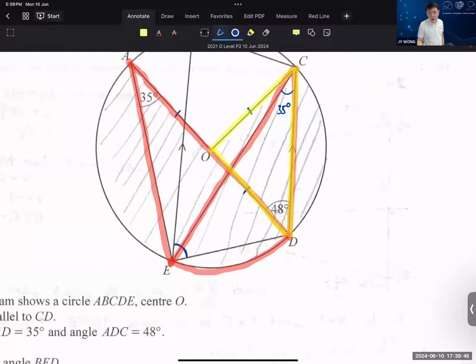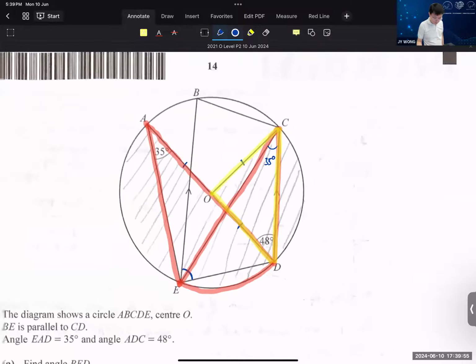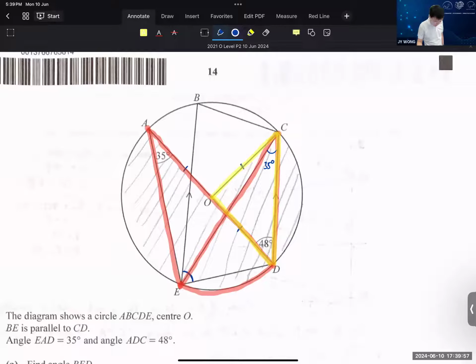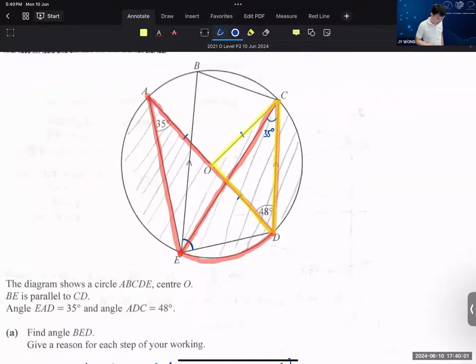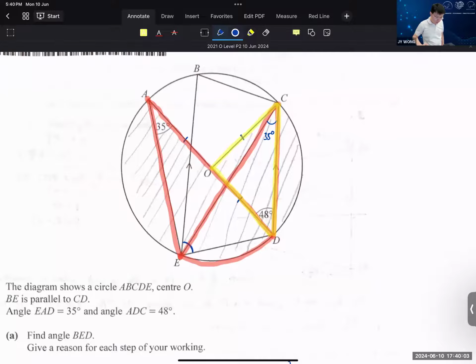The other kind of angles to look for is angles in a semicircle, specifically your right angle in a semicircle. So do we have any semicircles? If AD is your diameter, you know AD is the diameter because it tells you center is O. So AOD is a straight line. That means you have a right angle somewhere.